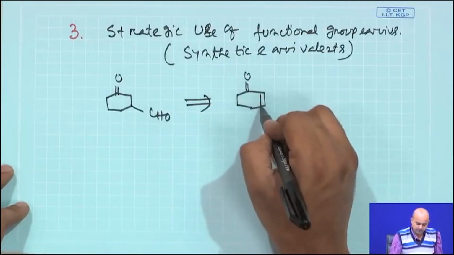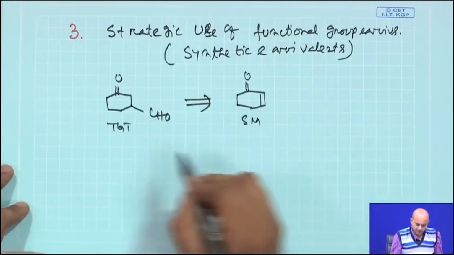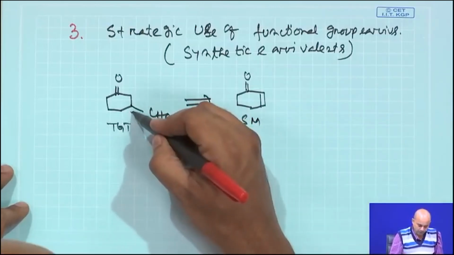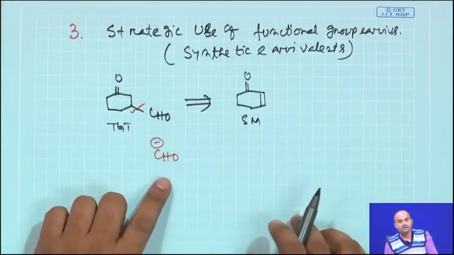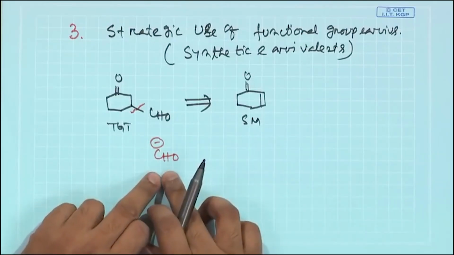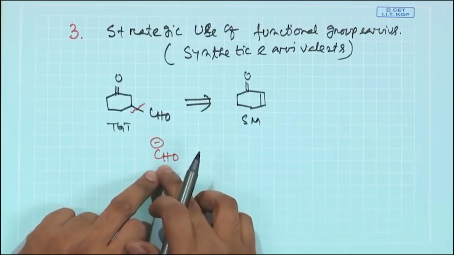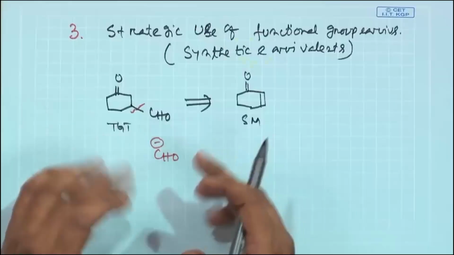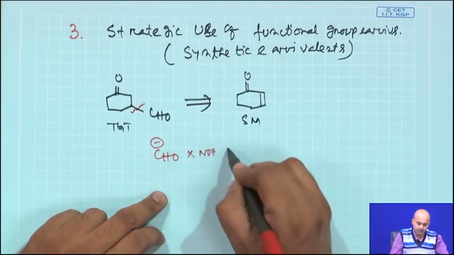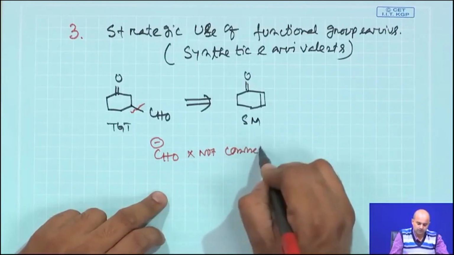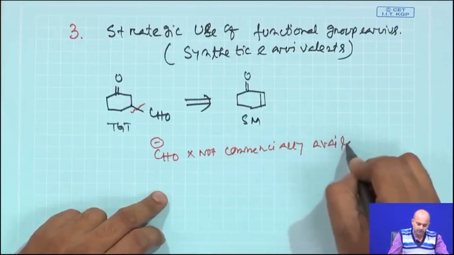We said the target molecule is this compound, starting material was this. Now, the retro which we are talking about is, if you have a CHO minus species, or this functional group species, which in reality is an umpolung species, it can be constructed in a different way, because this is not commercially available.